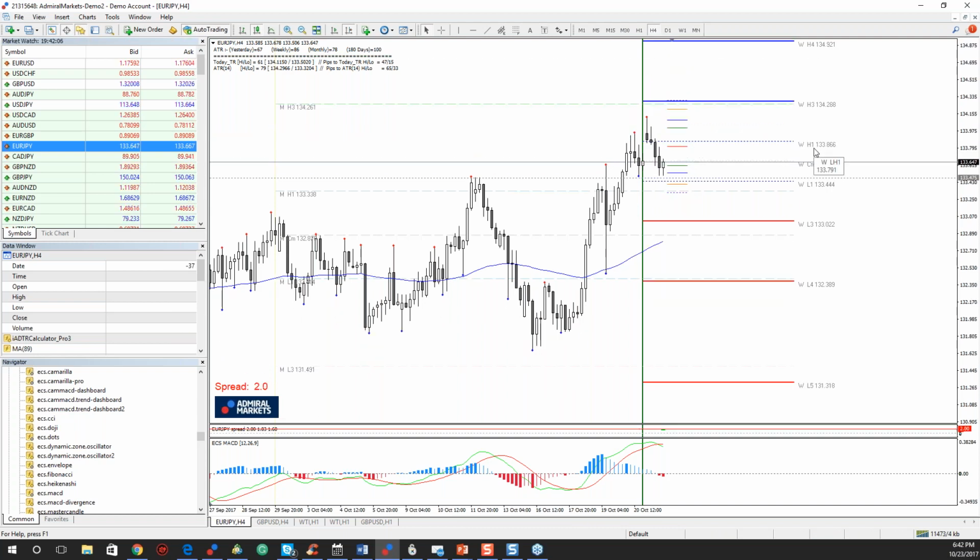It's still trapped between weekly L1, so look for rejection from this spot here. If it goes down, this could be a good spot to go long, in my opinion. And targets, if it breaks 130.86, could be weekly H3.